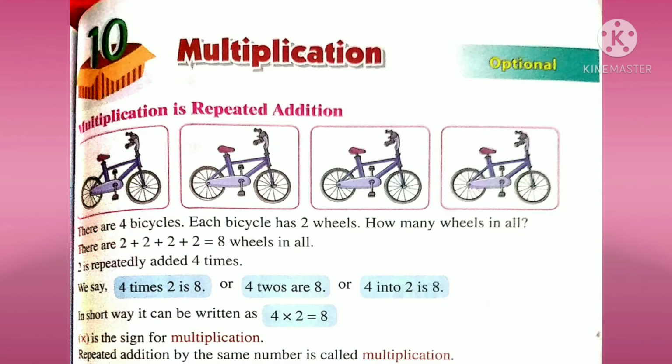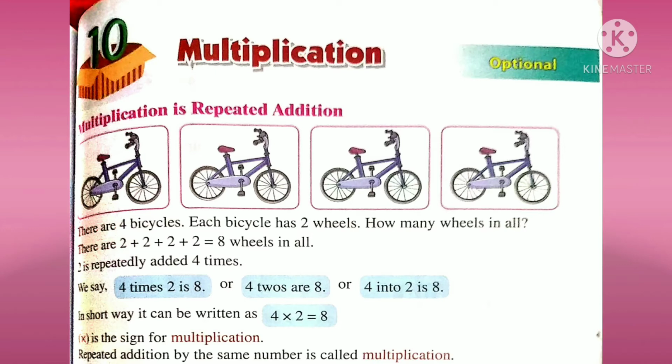So, look at your book on page 129. There are 4 bicycles. Each bicycle has 2 wheels. How many wheels in all? There are 2 plus 2 plus 2 plus 2 equal to 8 wheels in all.